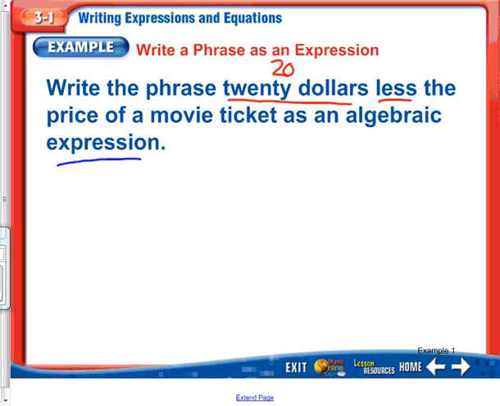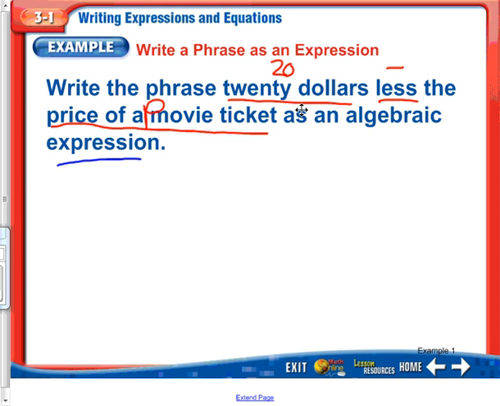The word less tells us that we should be using subtraction. And here it says price of a movie ticket. If you wanted to, we can use a variable here. You can either use P, M, or T, whatever you choose. I'm going to use P for price of a movie ticket.